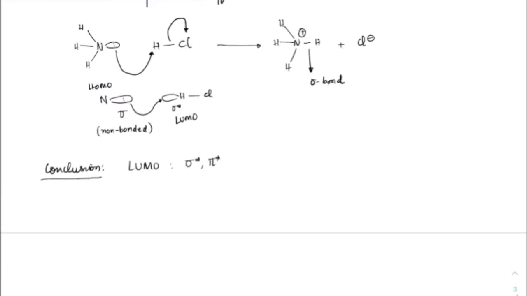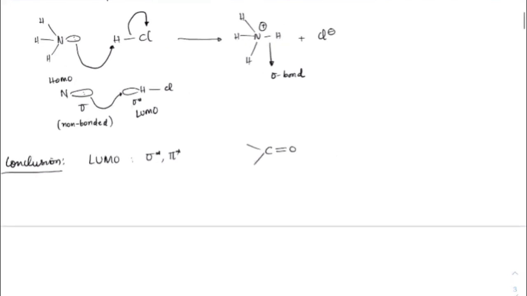For instance, if you take C double bond O, carbon and oxygen will have a sigma bond, and this would be the pi star orbital which is present on carbon, on which usually a nucleophile with sigma electrons or non-bonding electrons will attack. This is how the attacks take place.